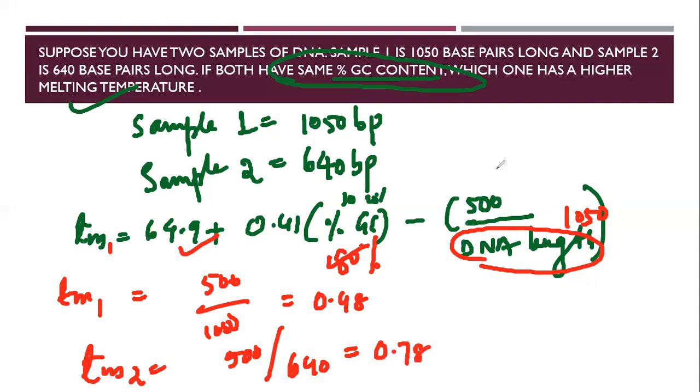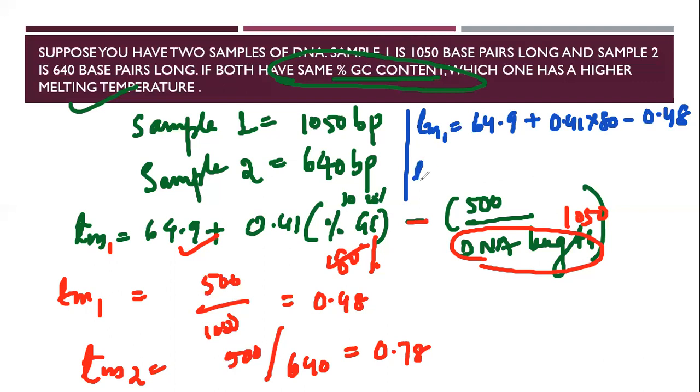Now put the value over here, in place of this, minus this value, you will get certain answers. Put the value and tell me which one has the higher temperature. So your Tm1 is 64.9 plus 0.41 into 80 minus 0.48.